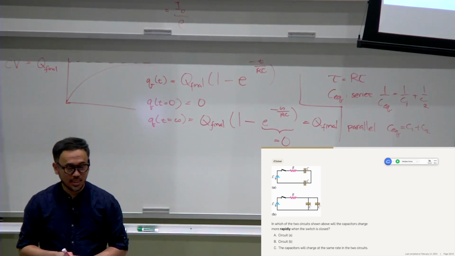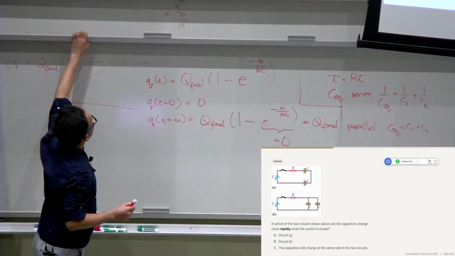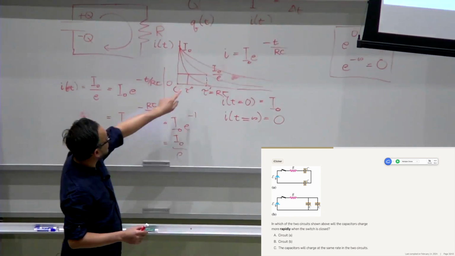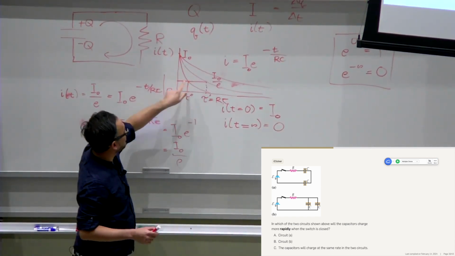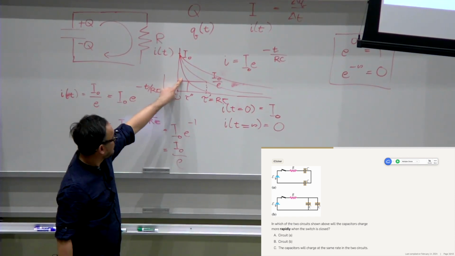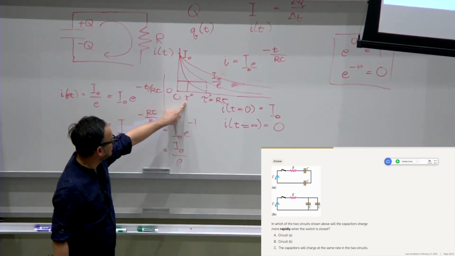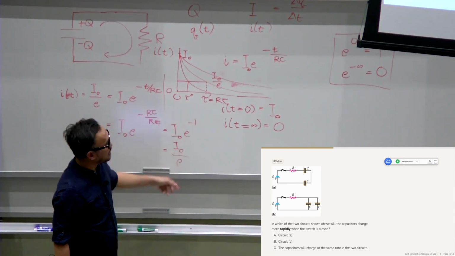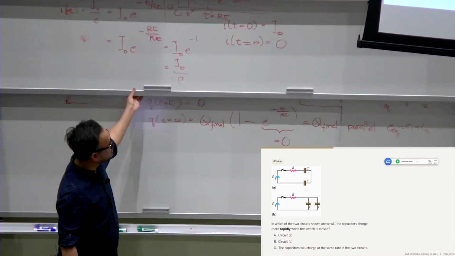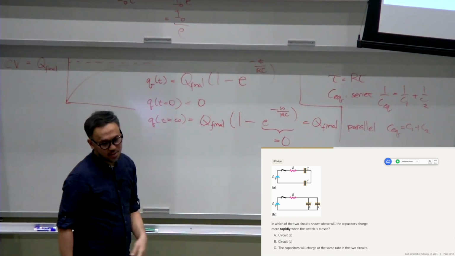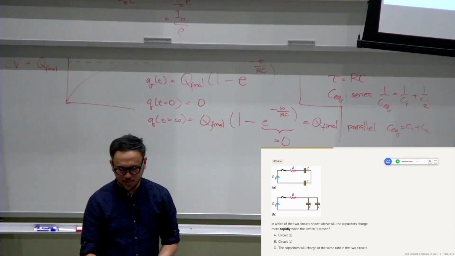Which one is more rapid, the one on the right or the one on the left? And which one is bigger, tau prime or tau double prime? This one is faster. So what you want is to find a circuit with smaller time constant.